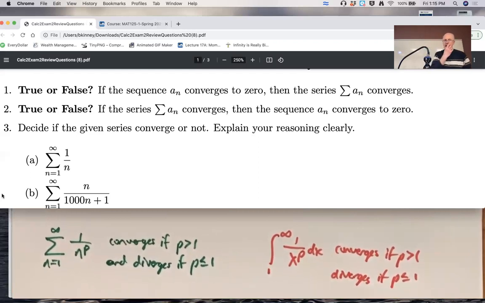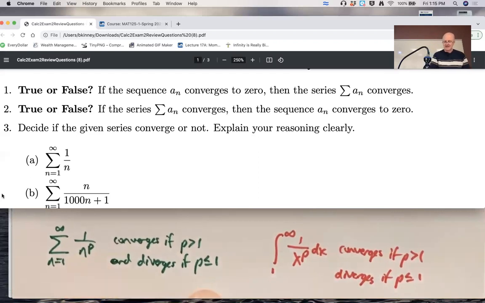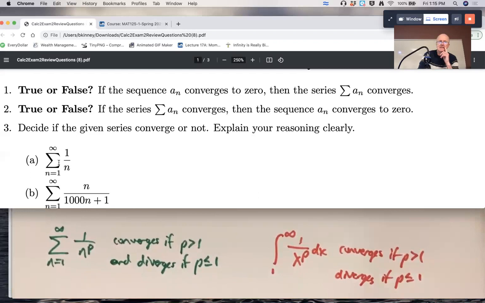Anyway, coming back to 3A, the harmonic series is a P series with P equal to 1. That is the divergence case. So this is an example of a series that diverges in spite of the fact that the terms go to 0.